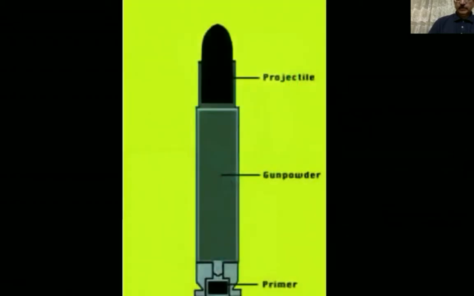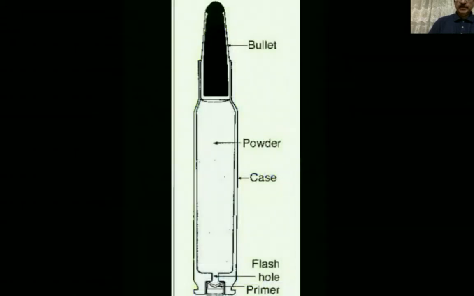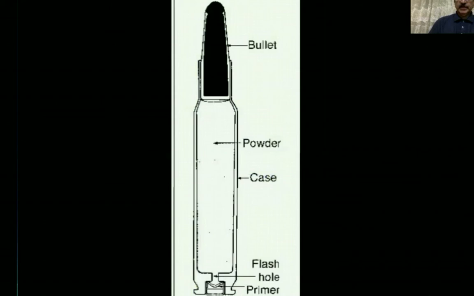So this is the design of a common bullet case, bullet cartridge. At the base is the primer, and in front of it is gunpowder, and the projectile is in the foremost. This is another diagrammatic representation showing the bullet case.